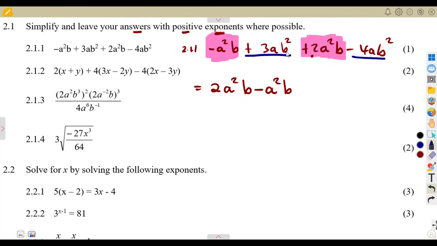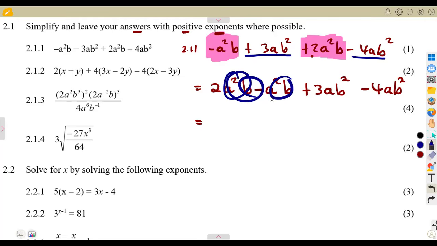This is a, this is a, this is b squared, b squared. So starting with the positive, that is going to be plus 3ab squared minus 4ab squared. These two can be simplified together because you're considering the same thing here.